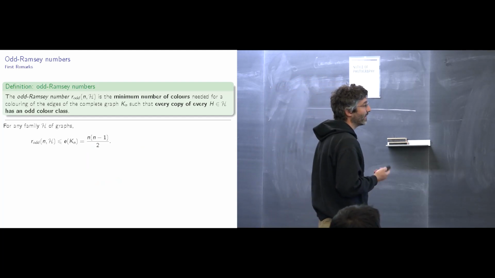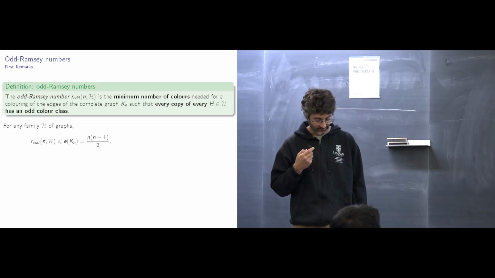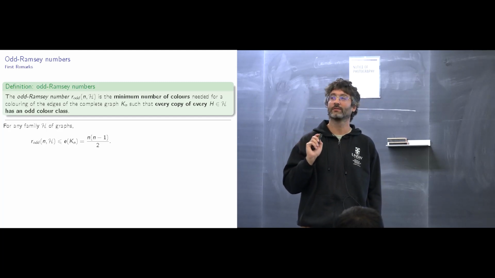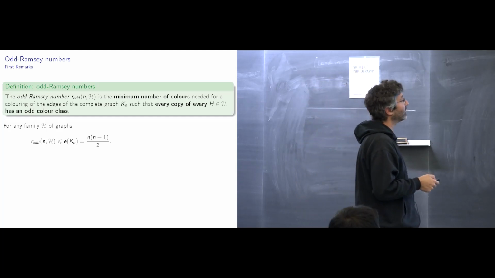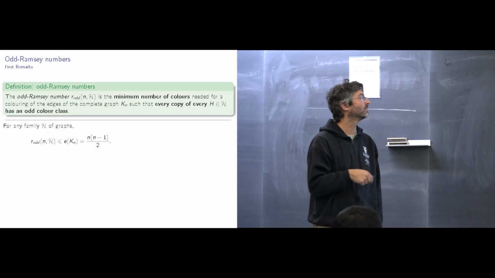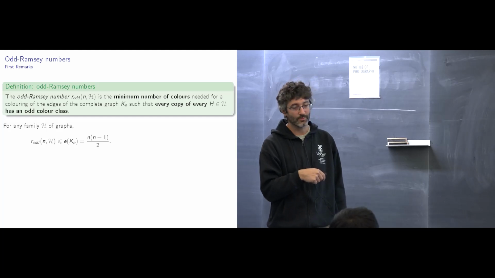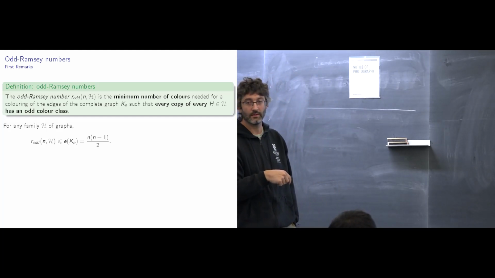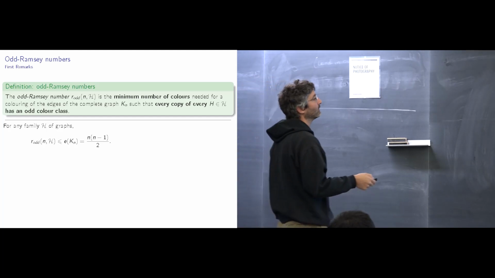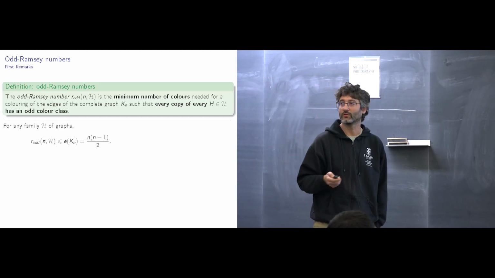So what do we know about that number? I'm going to just spit out some trivial facts, again, just to be familiar with the domain. If I give you any family of graphs H, I'm claiming that the Odd-Ramsey number of that family is at most quadratic in n. Why? Because the number of edges in Kn is quadratic.